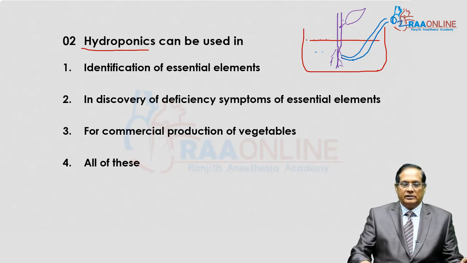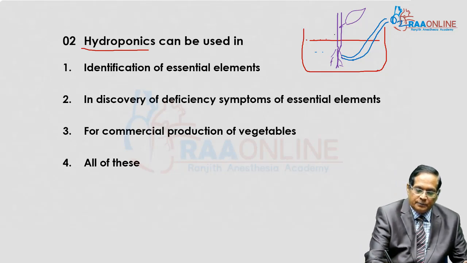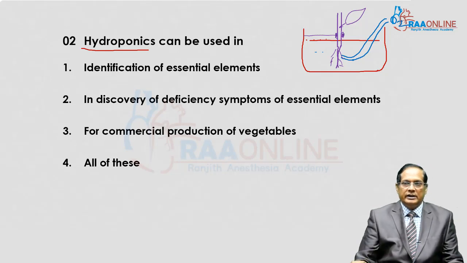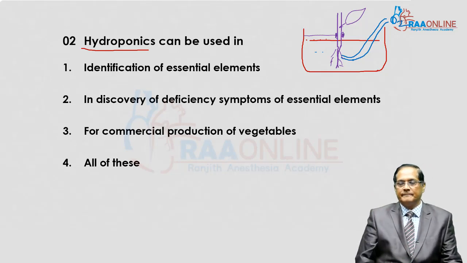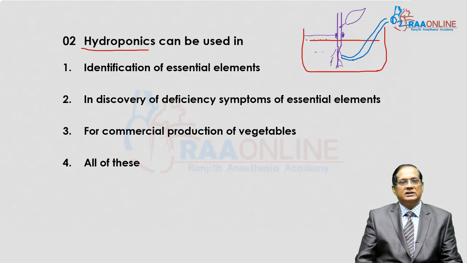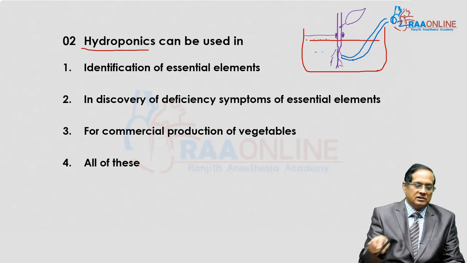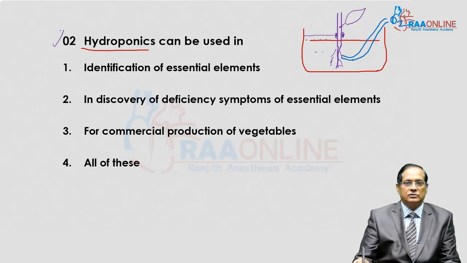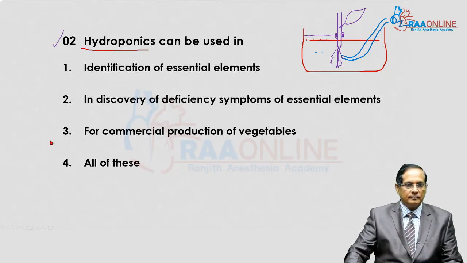So here you have to add support for the plant, so that it can easily be kept in water. This setup denotes soilless growth of plants in solution culture. This is known as hydroponics.